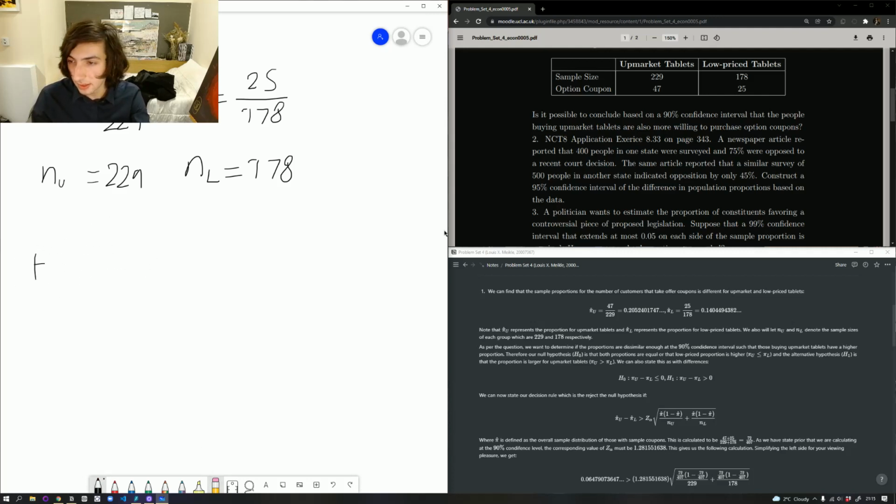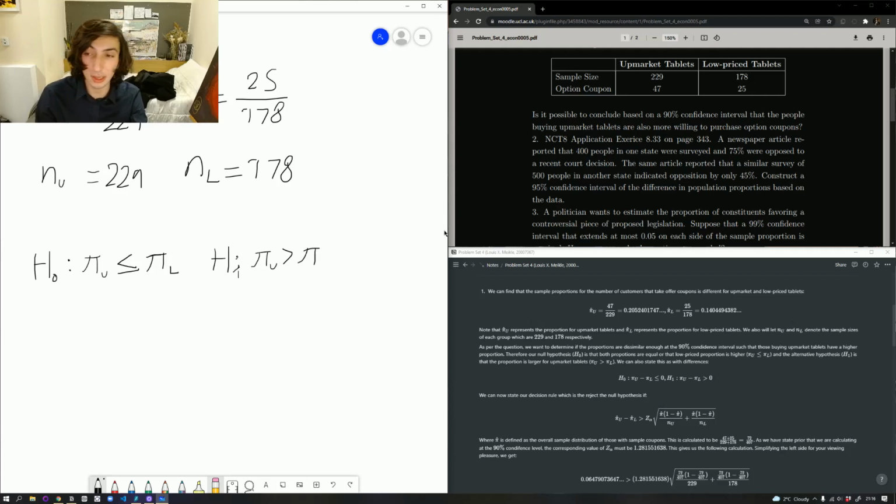If our alternative is that it has to be larger than, then our null is essentially that the upmarket is either equal to or lower than the lower market. So that's our null.